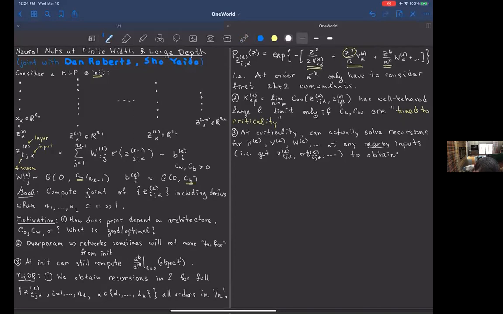And this is one of the main points I want to convey. Let me write again the thing I had before. I fix a layer L, I fix a neuron index i, and I fix an input alpha, and I study the full distribution of what this neuron computes at initialization, at a single input, z. I'm doing a single input just because otherwise there are too many indices, but we can do many inputs as well.